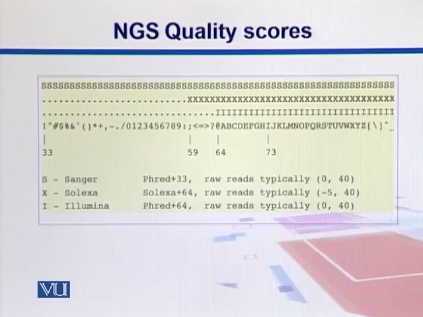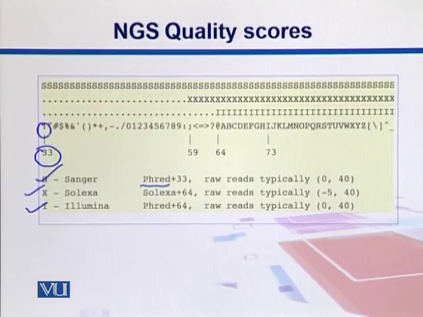What different sequencers are using, or what different schemes are there? What ASCII characters are used? In this diagram we see that we have different schemes. We have Sanger, Solexa, and Illumina. Sanger is using Phred scores, and it adds 33 to them. Once we add 33, the first character they use is this one.